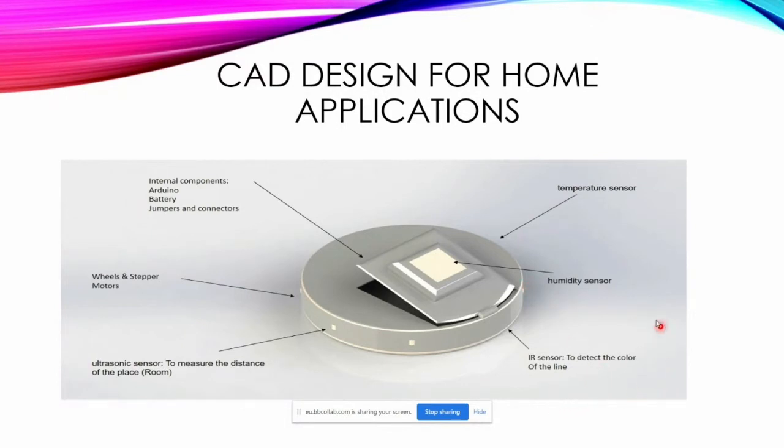And this is a CAD design that we made. It represents a prototype that can be for home applications. So for the home application, we chose it with the wheels and stepper motor.